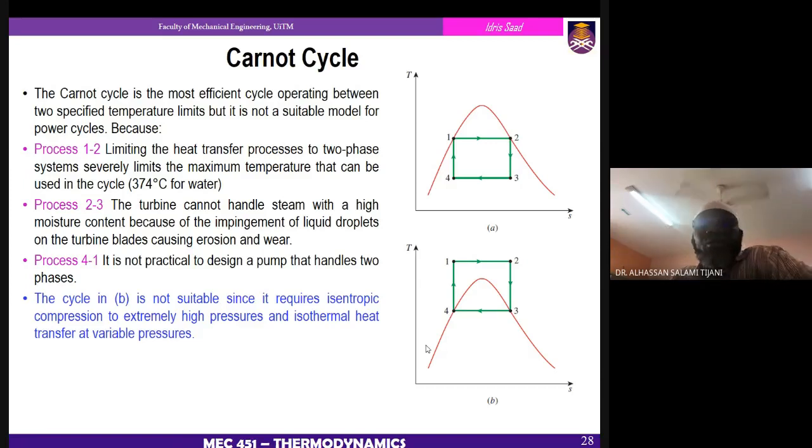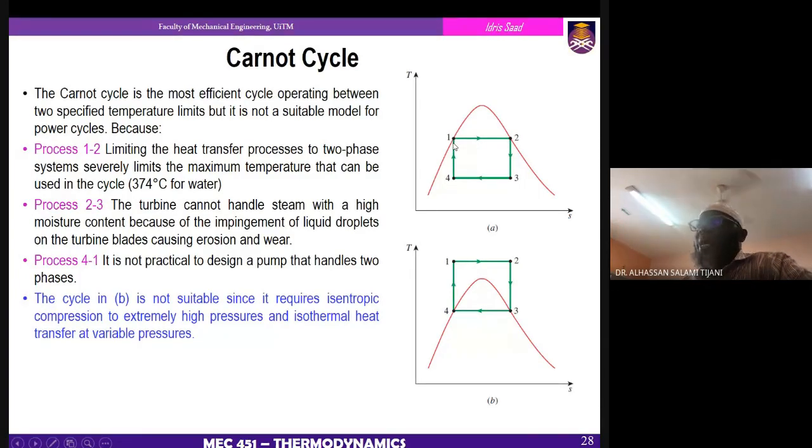But there are many weaknesses, inadequacies, of the Carnot cycle. One of the weaknesses is that it cannot be operated at a very low temperature.